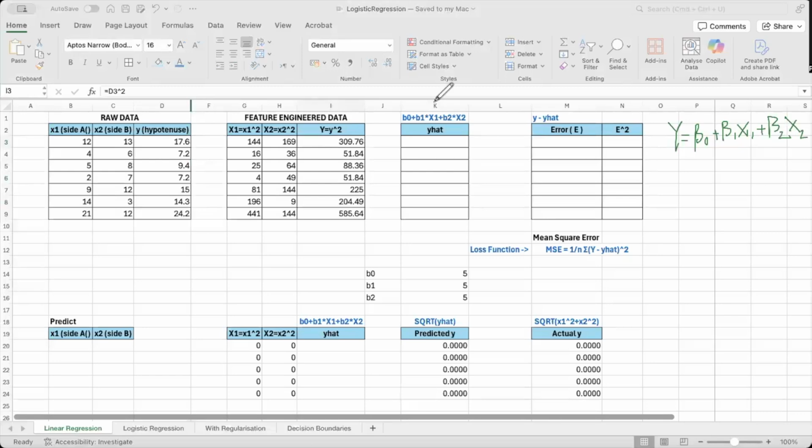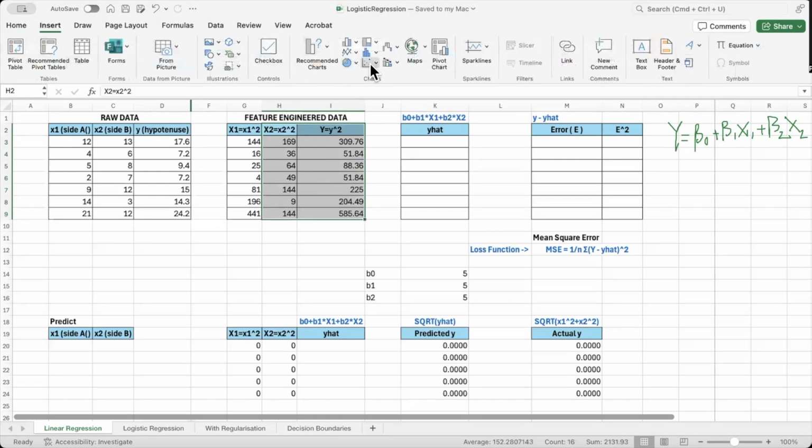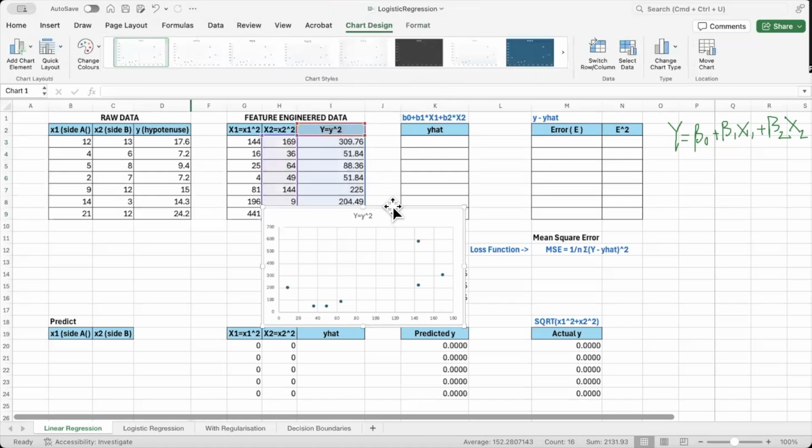Now say for example, we have a simplified situation where we just have one independent variable, that is X2, and one dependent variable, that is Y. So in this case, what we can do is that we can draw a scatter plot across these two variables. We can draw a simple scatter plot. So I get this plot.